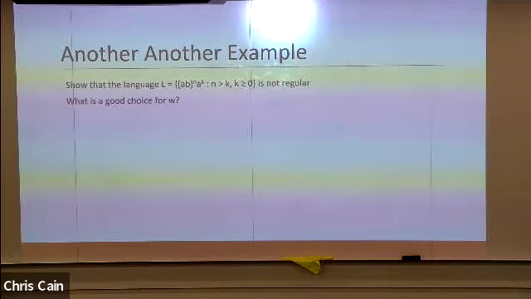Yes, it is regular. We just construct a DFA that goes from a final state to a non-final state on an A, and then back to it on a B. A, B, doesn't matter how many of those you have, and if you see a B from that first state, you go to a trap state. If you see an A from here, you go to a trap state. That's the entire DFA.